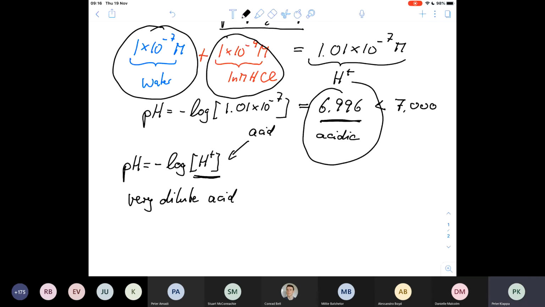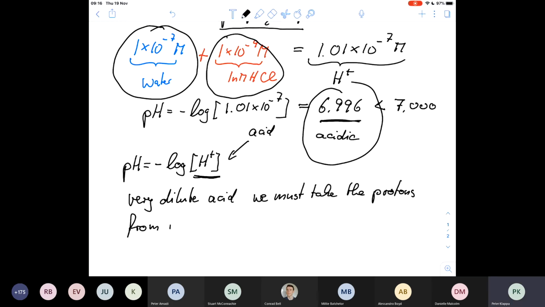With a very dilute acid concentration, we must take the protons from the water into account. Because otherwise we end up with total nonsense.